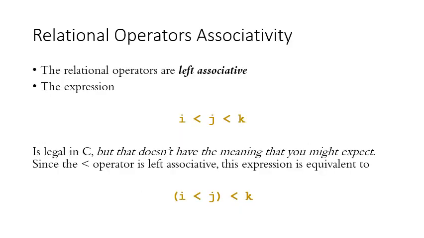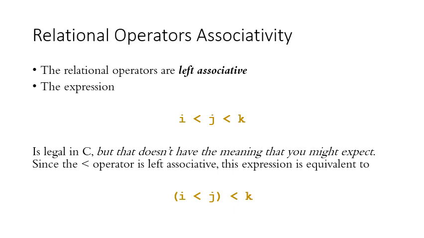The relational operators are also left associative. For example, we have the expression i less than j less than k. You might think that we are first checking that i is less than j, and then j is less than k. But this is not the case.